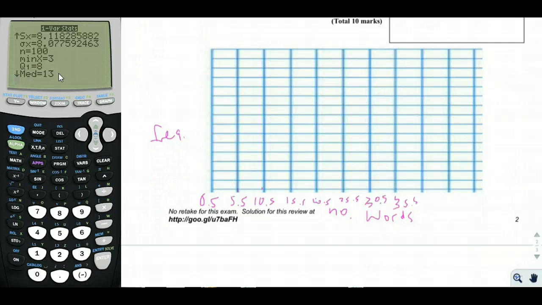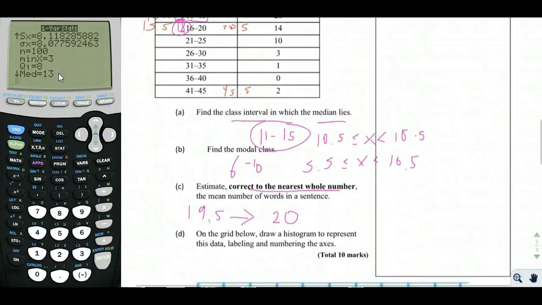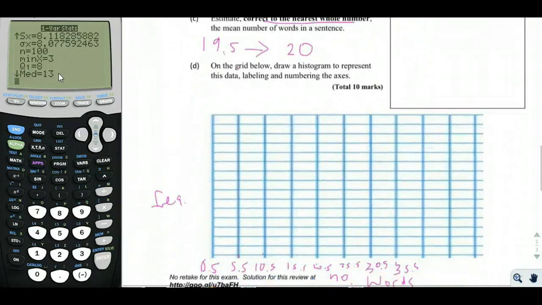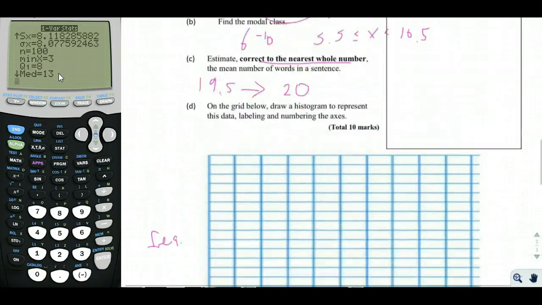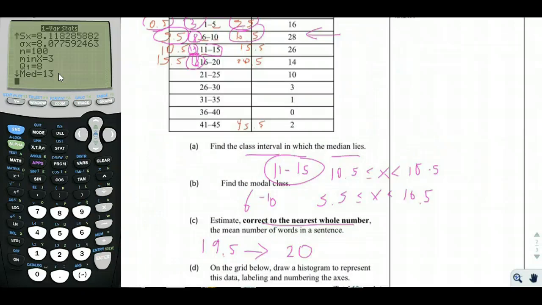Does it go any higher than that? Yeah, it goes up to 45.5. So this would be 40.5. This would be 45.5. That would be the last one. That looks right.